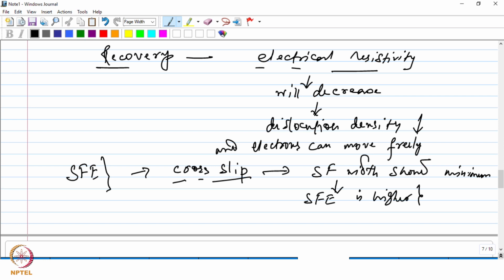Lower the stacking fault width, higher will be the stacking fault energy.